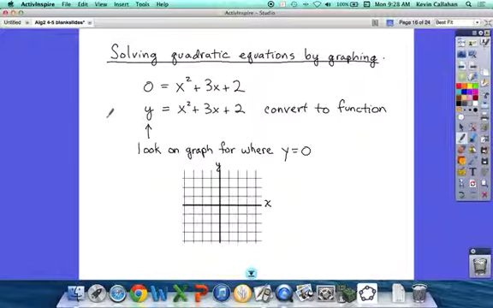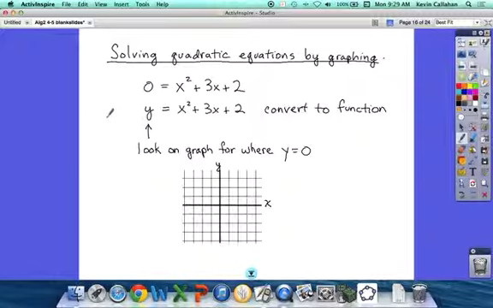Okay, this is something that you would graph, because it's y and x in the same equation. You can't solve it, but you can figure out all the points that satisfy that equation and graph them. But we would not be interested in the whole graph. We're only interested at the places where y equals 0, because that's what we changed. We went from 0 to y.